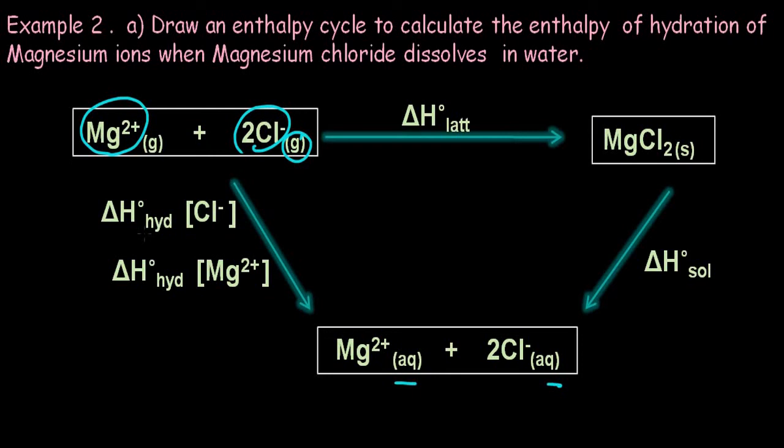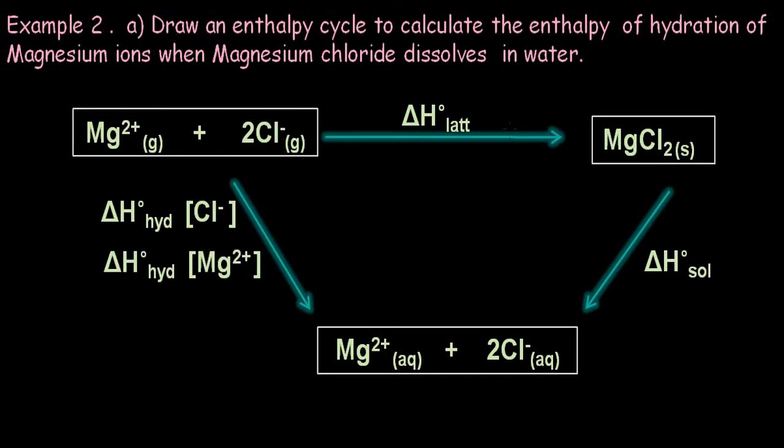Now the enthalpy of hydration is the sum total of the enthalpy of the chloride ion and the enthalpy of the magnesium ion. So this is how the enthalpy cycle for the hydration of magnesium ions can be drawn.